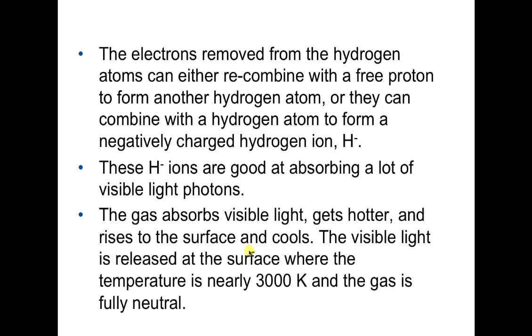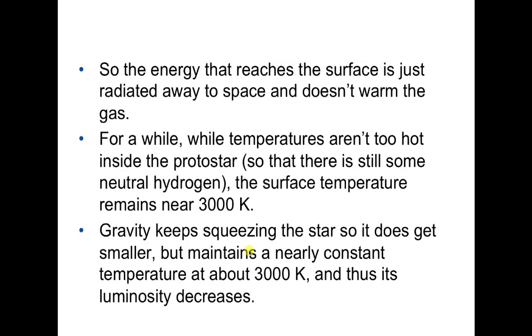The gas will get warmer and then the gas will rise, and in a sense, trap that energy within the gas, and it'll release it at the surface. So it'll release the visible light energy at the surface, where the temperature then has gone down to about 3,000 Kelvin, where the atoms are not ionized anymore. And then the energy reaches the surface and is radiated into space. So it doesn't actually reach the surface and warm the gas at the surface.